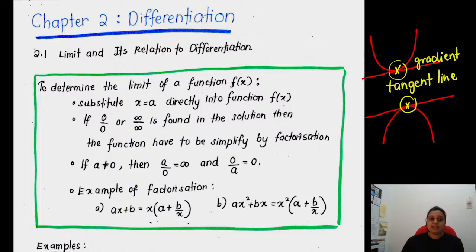Now for this chapter, Chapter 2 Differentiation, another way to explain what differentiation is, is actually gradient. Differentiation means you're finding the gradient.